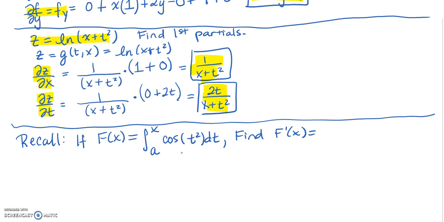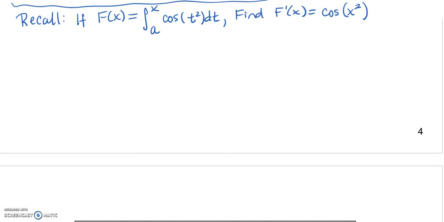Hopefully you recall that when we had a function defined with an integral, provided the independent variable was in the upper limit of integration, we simply took the integrand and replaced the dummy variable, in this case the t, with an x. So the derivative of this function defined using an integral is just cosine of x squared.